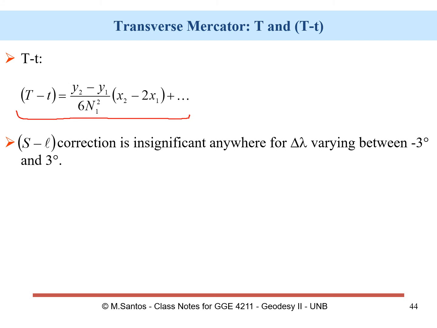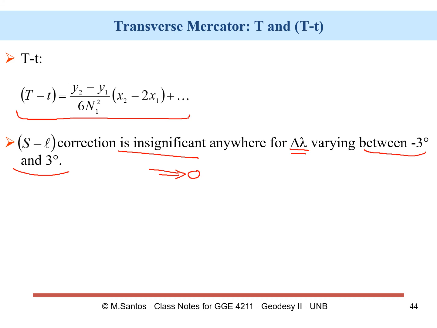This is the grid distance. It is insignificant, okay? It is basically 0, particularly when we consider delta lambda varying between -3 and +3 degrees, which is basically what we use in practice. UTM, for example, does that.